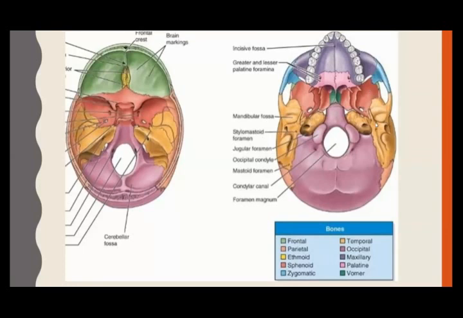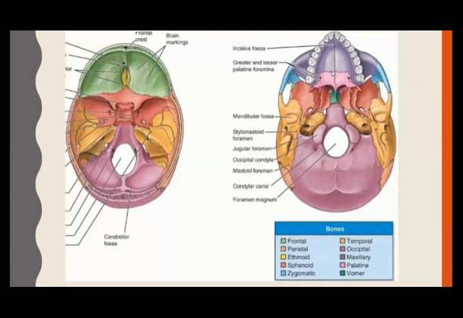Okay, coming to this side, this is the base of the skull. This is called the basis cranii. If you remember, in the base of the skull we determined that the purple was all maxilla. Inside there is a fossa. The pink here is the palatine bone, with the greater and lesser palatine foramen.